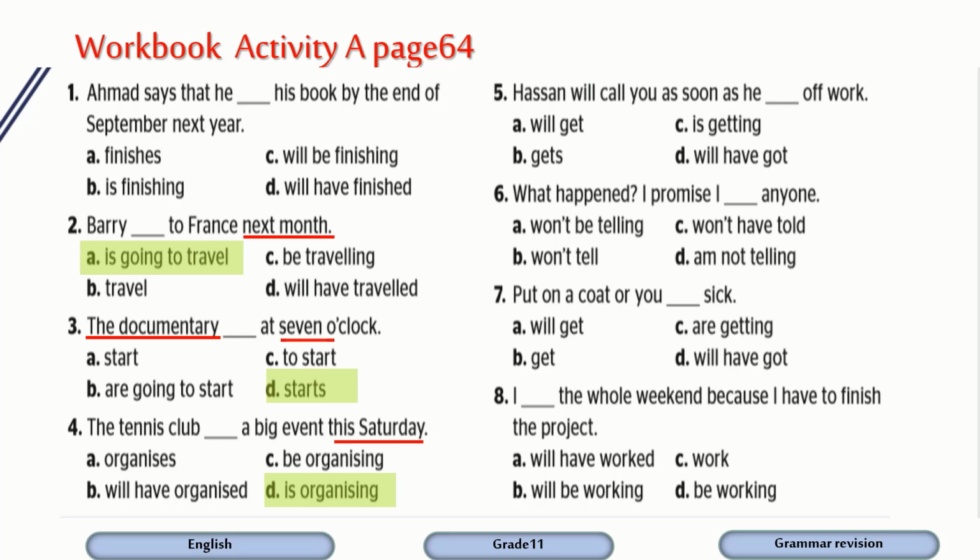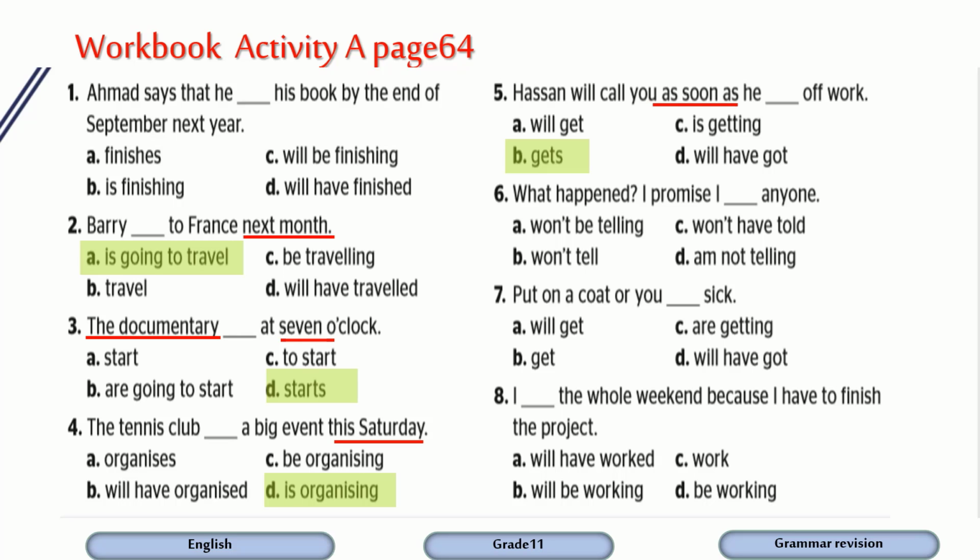Next one, number 5. Hassan will call you as soon as off work. The key word here, as soon as, of course, refers to the future, but requires present simple immediately after this expression. So the answer gets.